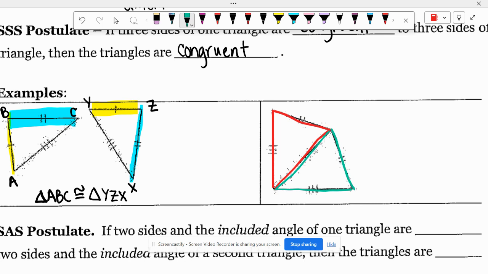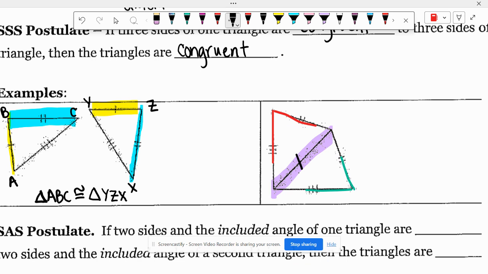Those two sides that touch each other. What could you say about them? They're the same. They're congruent to each other, right? Is it marked congruent? It's not, but the red triangle is made by this middle piece, and so is the green triangle, right? They share a common side. Well, that means that that side is congruent to itself.